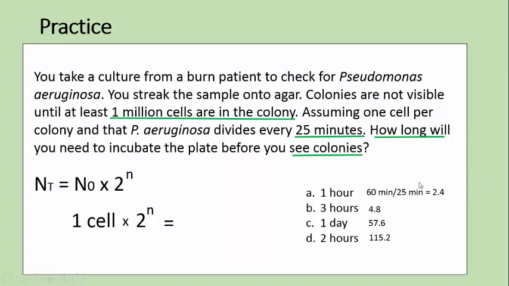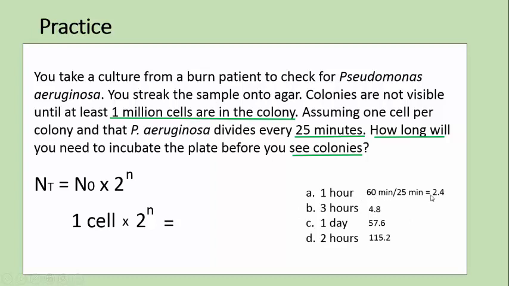This one you would have rounded down to 2 because it's below 5, but here you can't round up to 5 because it hasn't finished a generation. So you have to round down to 4. This is the same thing. You round down to 57. You round down to 115. You can't have part of a generation. You either have a full generation or you have to go down to the next full generation.